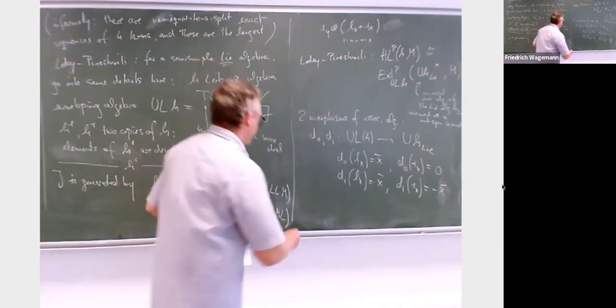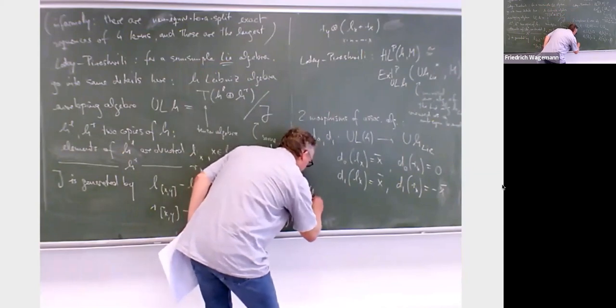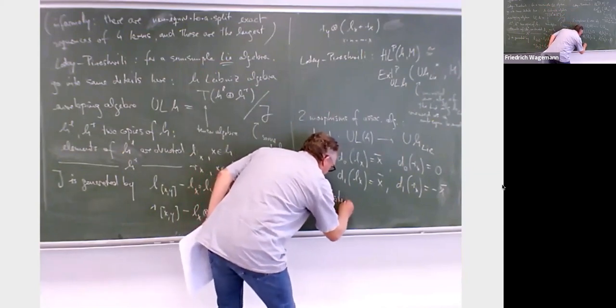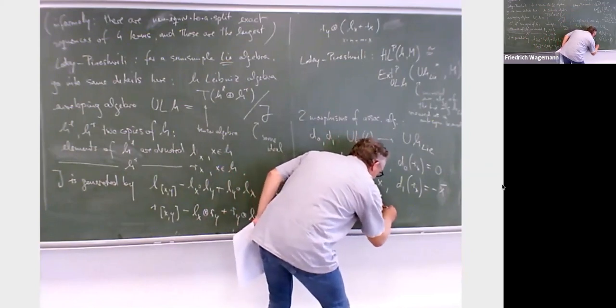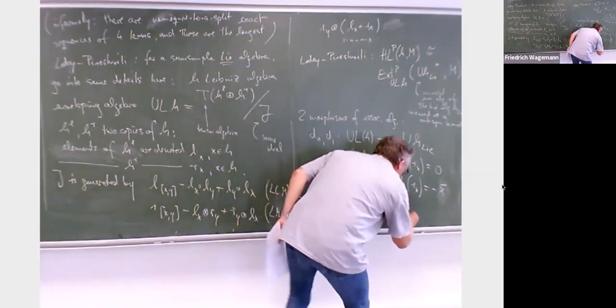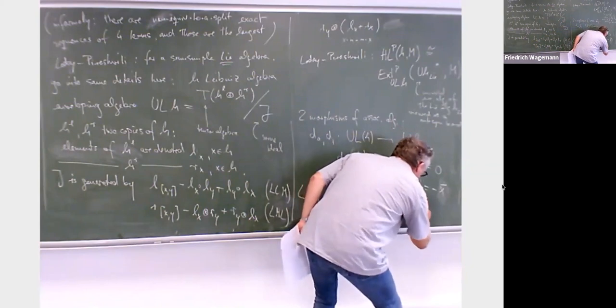And so UL of H-mod is the category of finite dimensional H bimodules.